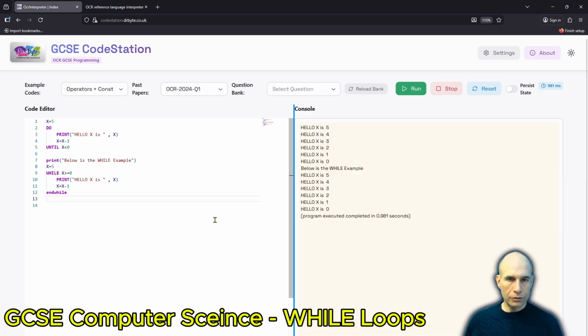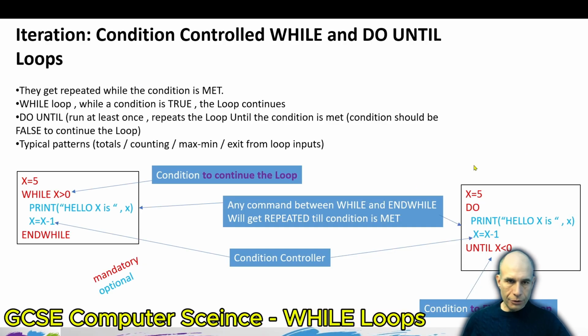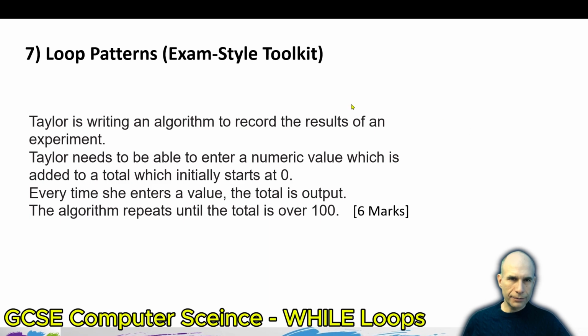Okay, so let's go back to our lesson, and we continue from there with a couple more examples. All right, so we discussed the while and do untils. So this is a good one, the loop pattern. This is the exam style kind of question.